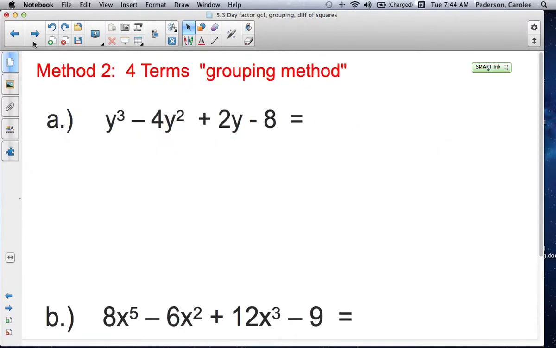All right, we're going to go on to method 2. Method 2 is when you have 4 terms. When you have 4 terms, we're going to focus on what we call the grouping method. So go ahead and write this problem down.